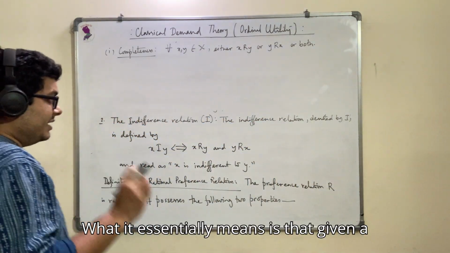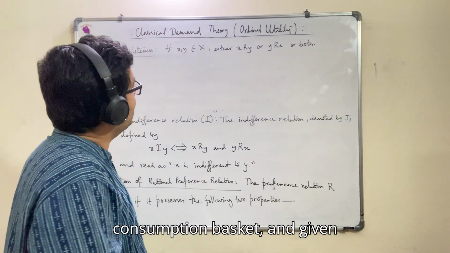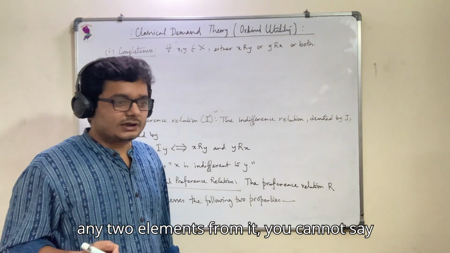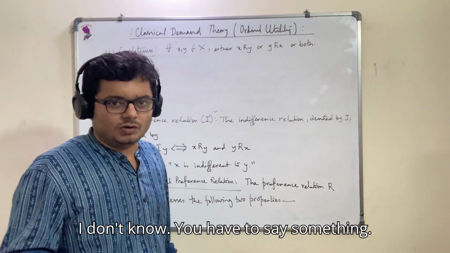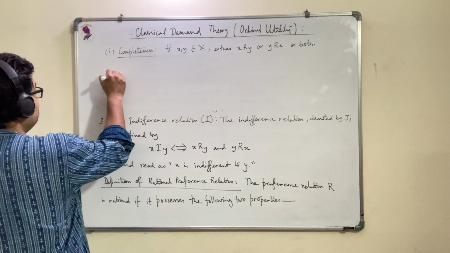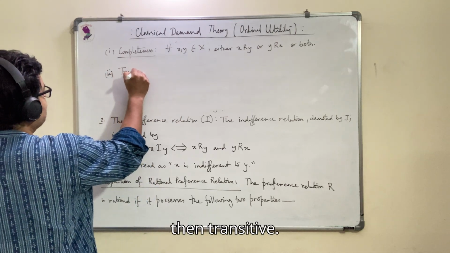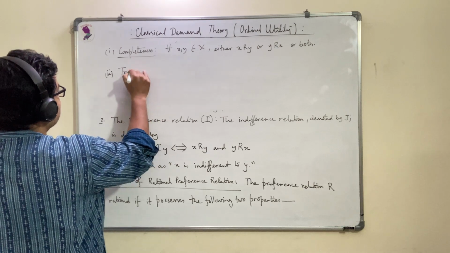What it essentially means is that given a consumption basket and given any two elements from it, you cannot say I don't know. You have to say something. Then transitivity.